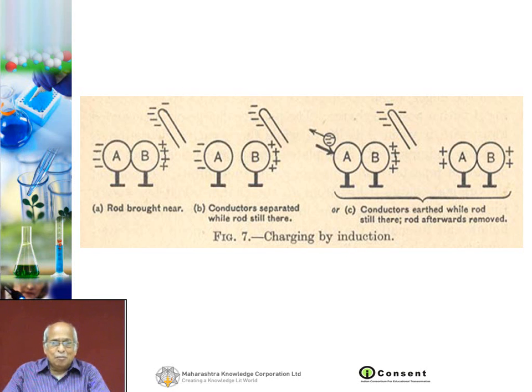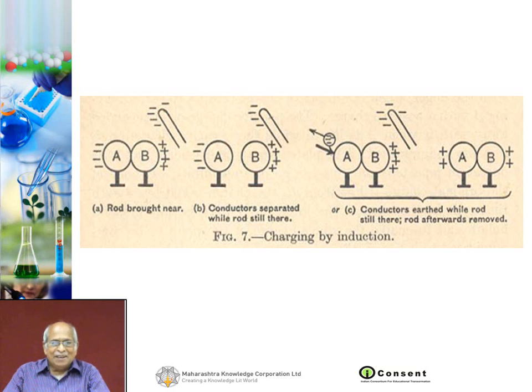So in this way, by the presence of negatively charged plastic rod, we have positive charge on metal sphere B on the surface close to the plastic rod, and we have equal negative charge on metal sphere A on the surface away from plastic rod.